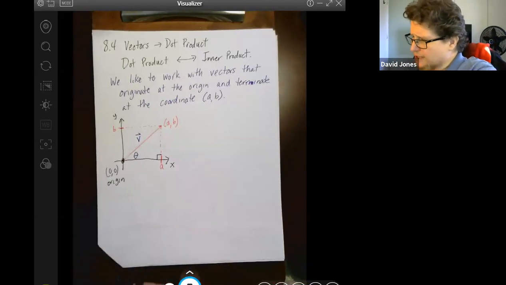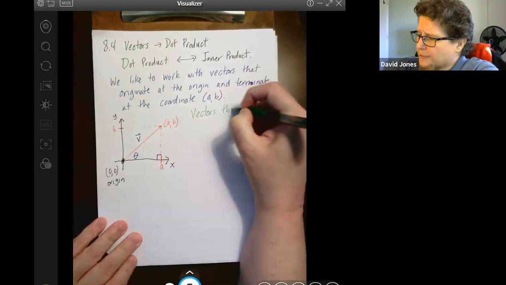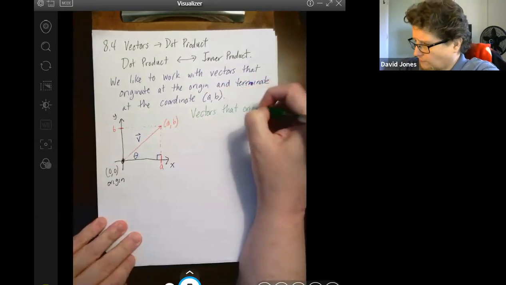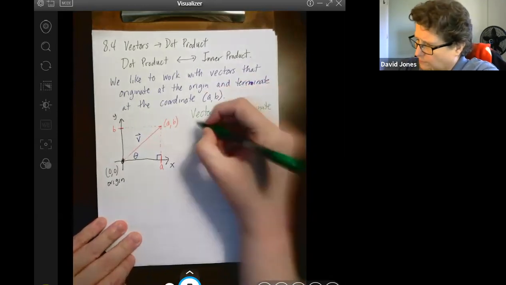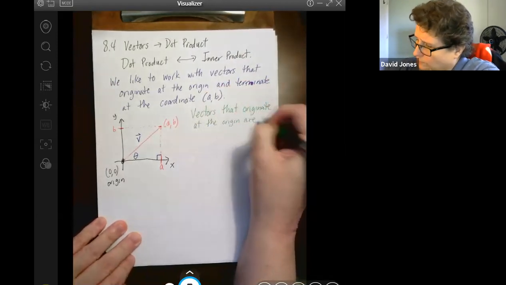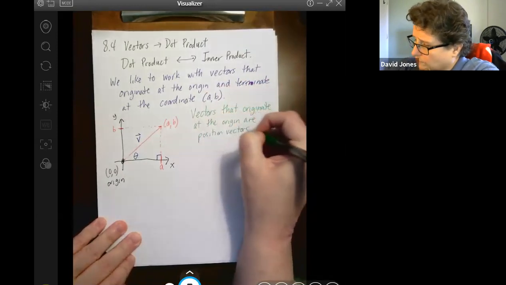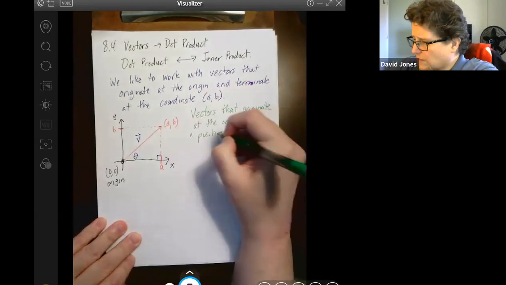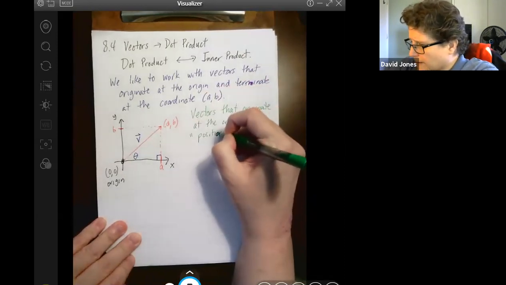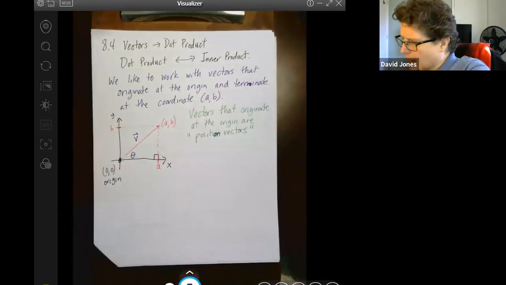So vectors that are written this way, vectors that originate at the origin, are called position vectors. And we write them as such.